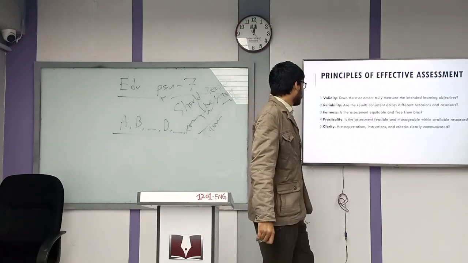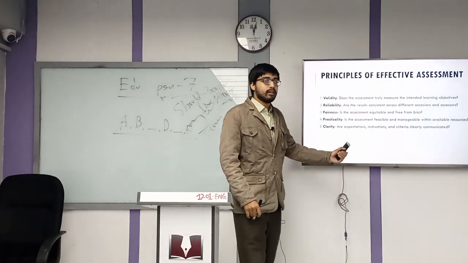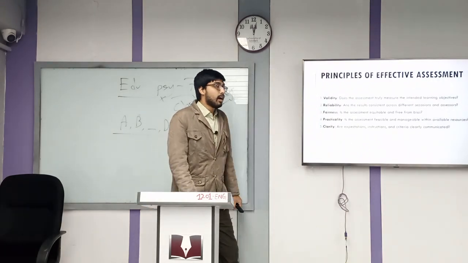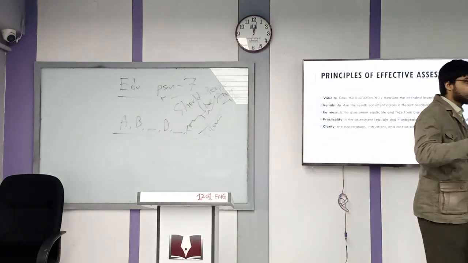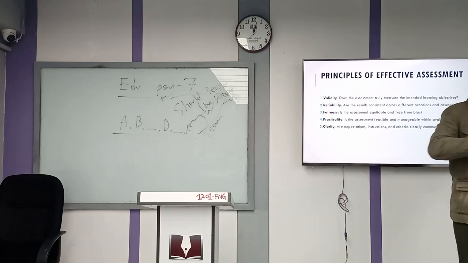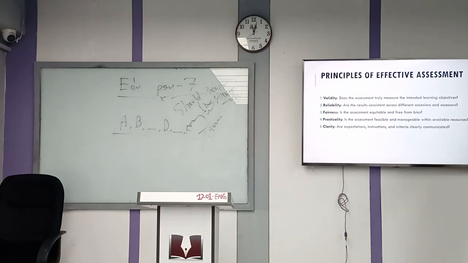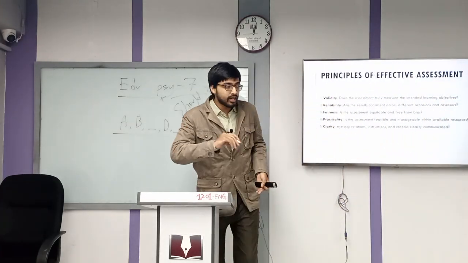Okay, clarity. Are expectations, instructions, and criteria clearly communicated? In the assessment, I have to give you clear information that yes, you have to write these in the finals. These are prohibited. You can never talk within the examination center. You can never cheat.